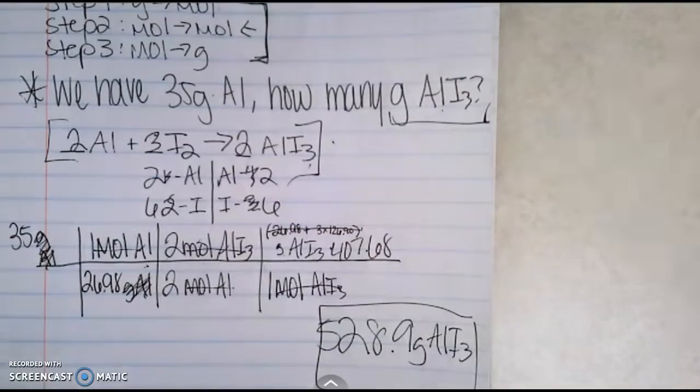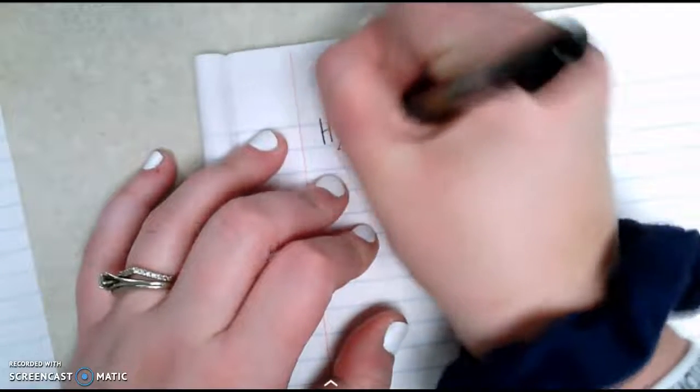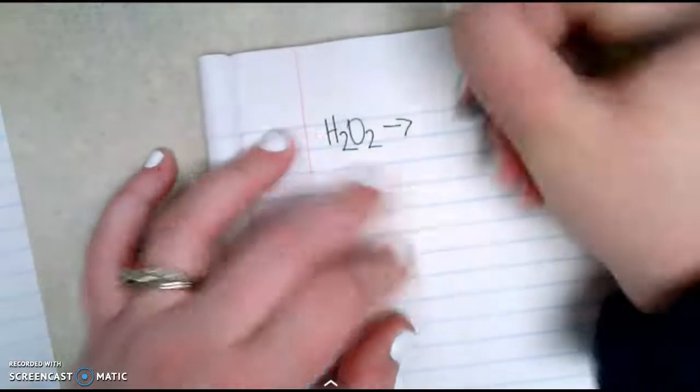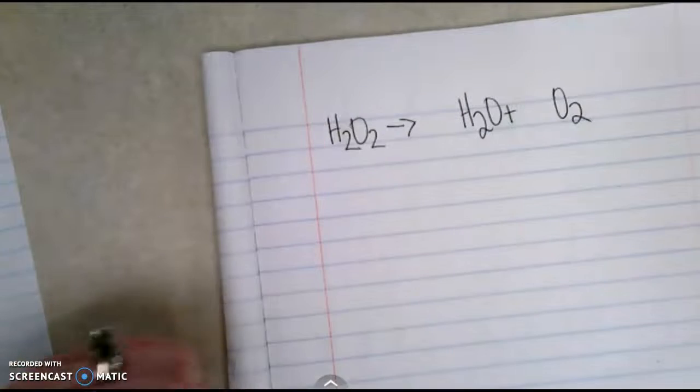Okay, so let's do another one because these are a little bit more complicated. They add in everything that we did in the last unit combined with what we just learned yesterday. So let's do another one, okay? So if I have H2O2 gives me some H2O and some O2.